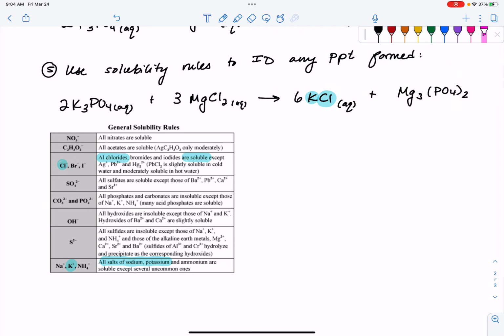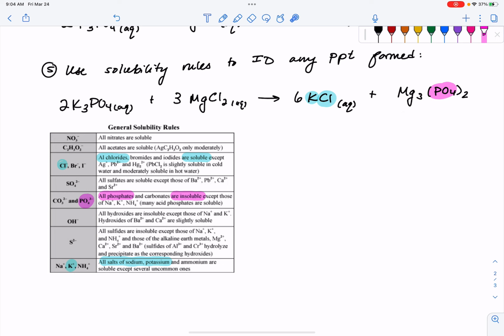So I don't see, looking over here, a rule for magnesium, but I do spy a rule for phosphates, which I certainly have in my product compound. So all phosphates are insoluble unless they are coupled with one of our universally soluble cations. And here we do not have either potassium, sodium, or ammonium.